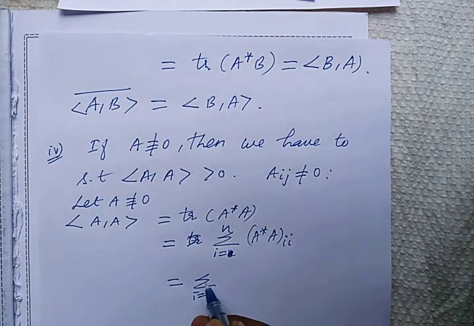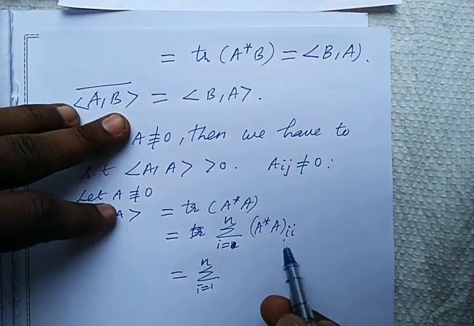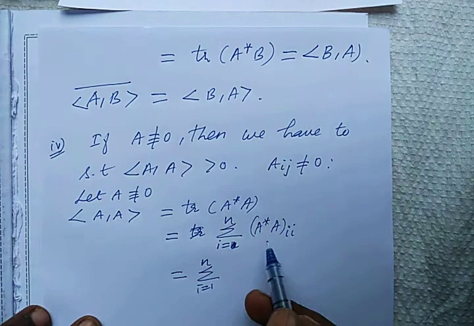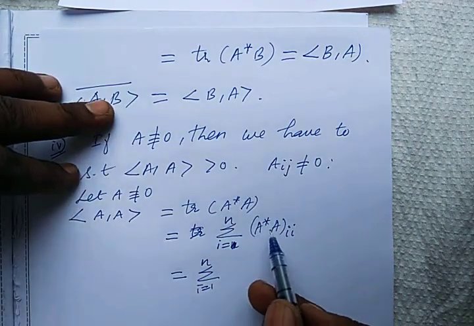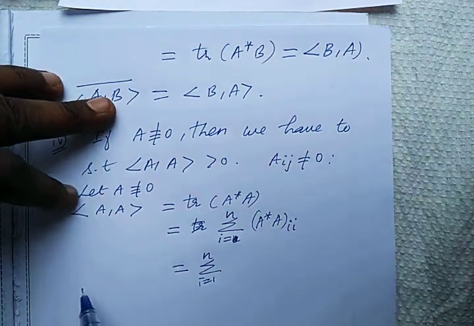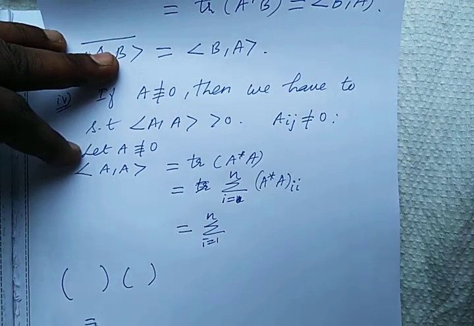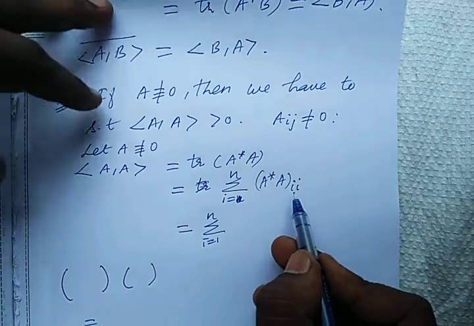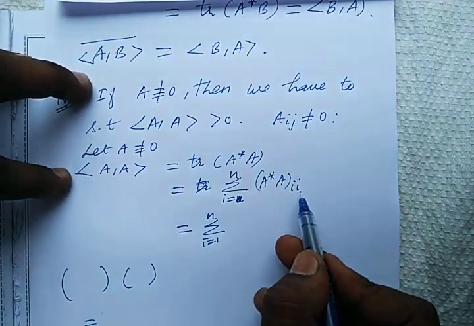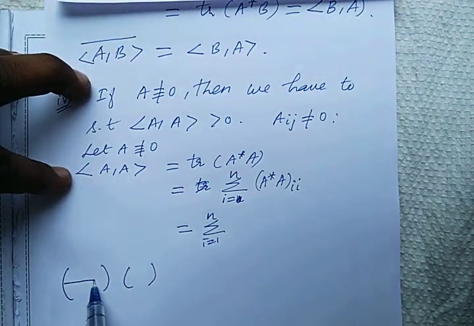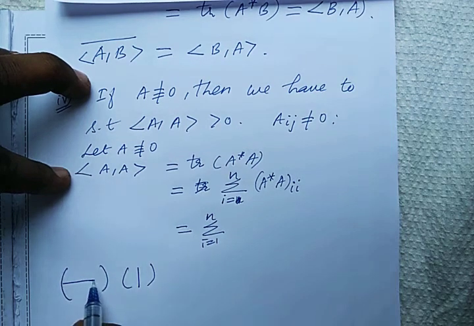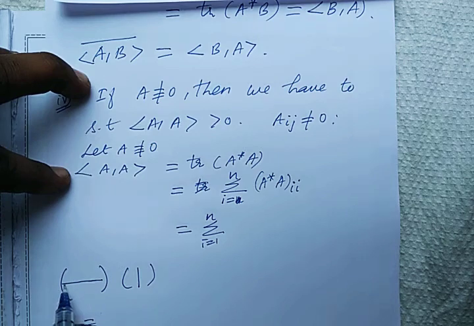Summation i varies from 1 to n, the i comma ith entry of this matrix. I take a matrix here, another matrix. If we take the product, we will get the i comma i entry. If we need the i comma i entry, we have to take here the ith row, here the ith column. Here we have to multiply the corresponding terms. Here the column changes, here the row changes.